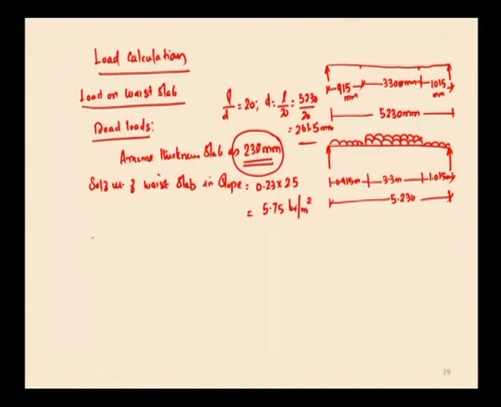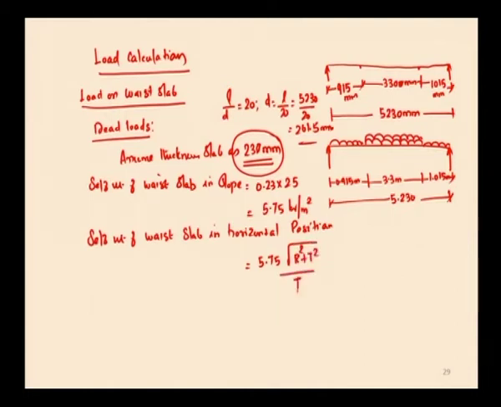So, here I need to find out what is the self weight of the base slab in horizontal position. The horizontal position, this again multiplied by square root of r square plus t square divided by t. This is a base slab.